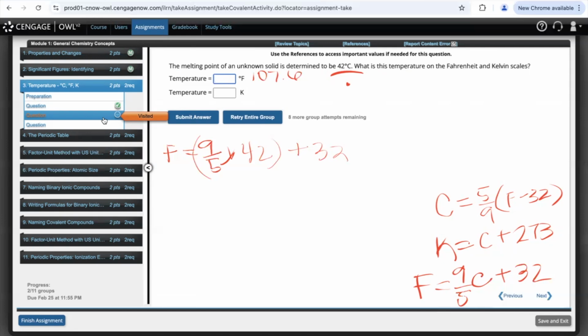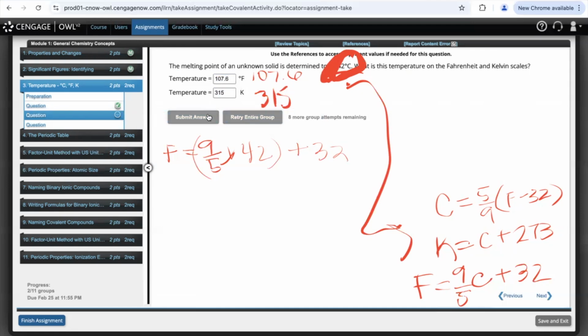And then for Kelvin, I'm going to take my original number, not the number we solved for this time, and plug it into this formula. So 42 plus 273 equals 315. So 107.6, 315. There we go.